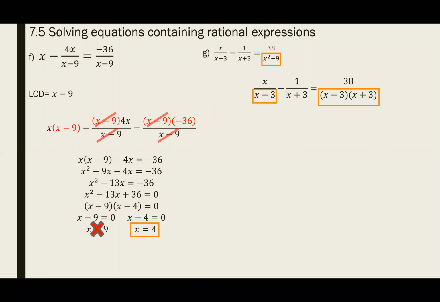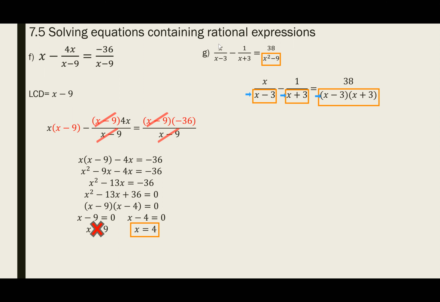Now, if you look at my new denominators, these are the 3 denominators I have. I have x minus 3, x plus 3, x minus 3, x plus 3. Everybody see that all we do is take these items and merge them together. But if they happen to repeat at a different location, we only use it one time.